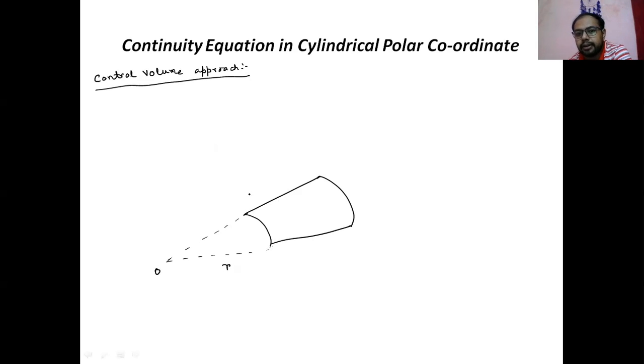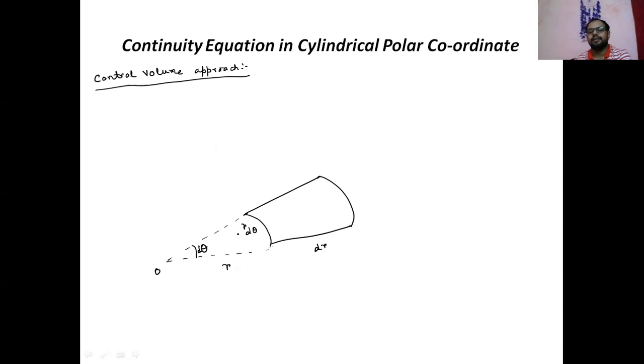Some elemental area you are taking: r, d theta, dr. This part, the length is r d theta.